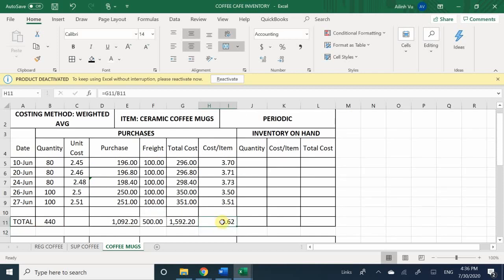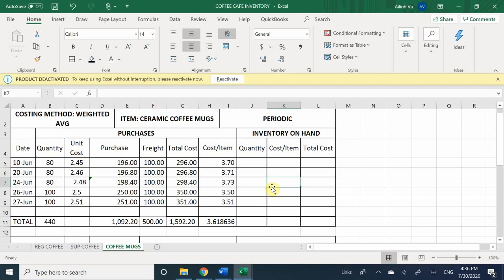To get the cost per item. How did you come to that conclusion? Because we needed it for the next step.